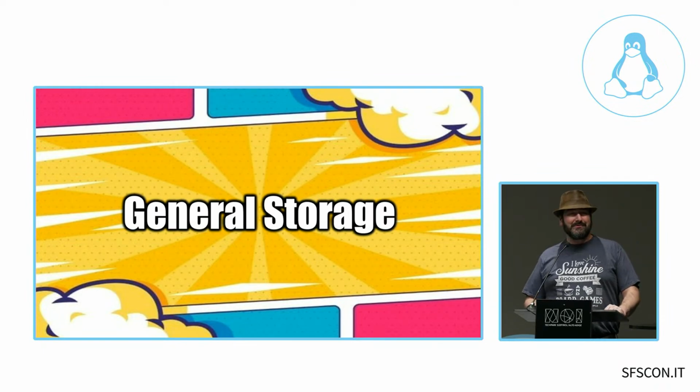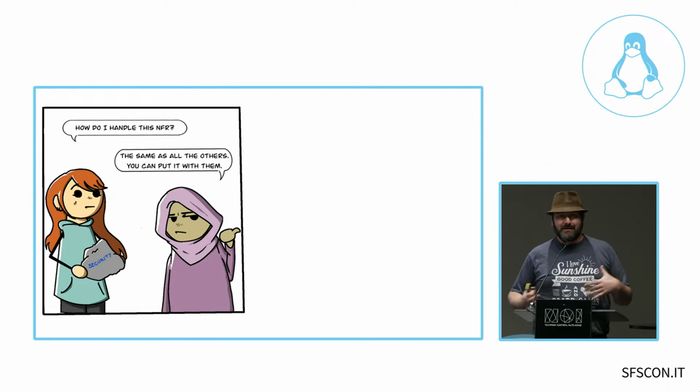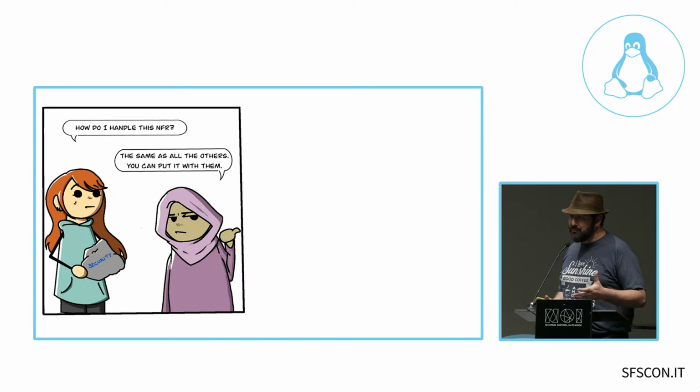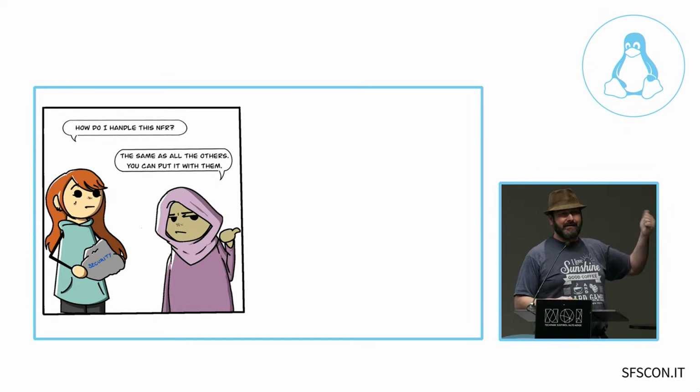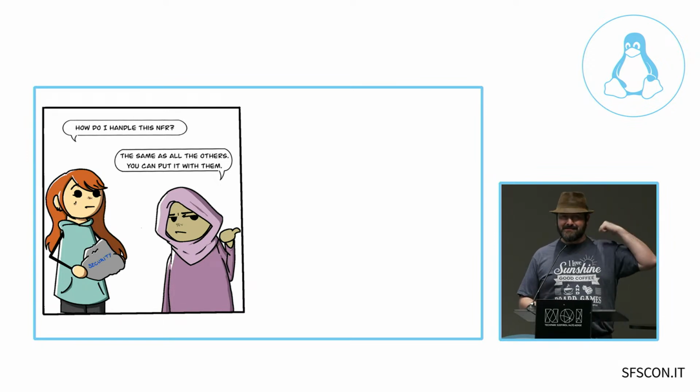The general storage, right? On this one, you see that she has this security requirement. So how do we handle this security requirement? What do we do with that? You can put it there together with these other ugly ducks requirements.